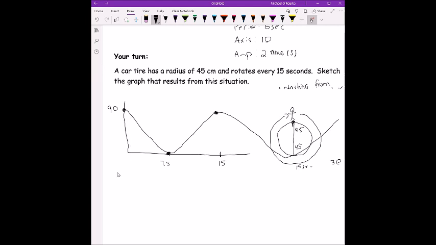So let's go through here and figure out our period, max, min, axis, and our amplitude. I'll let you write in chat whichever one you want to solve for.